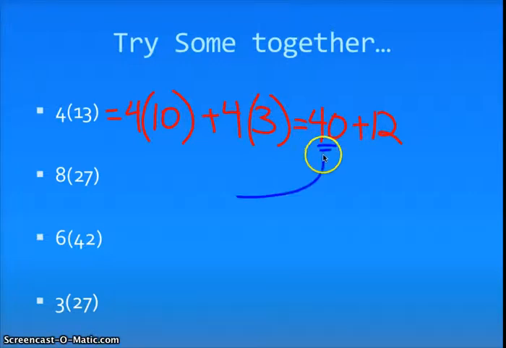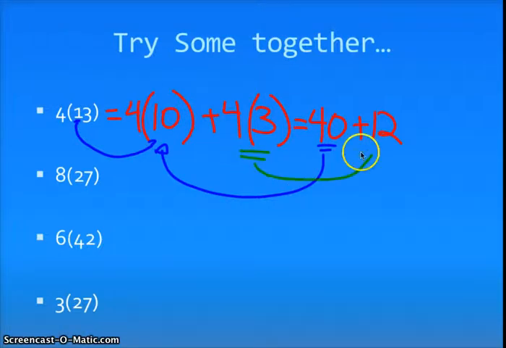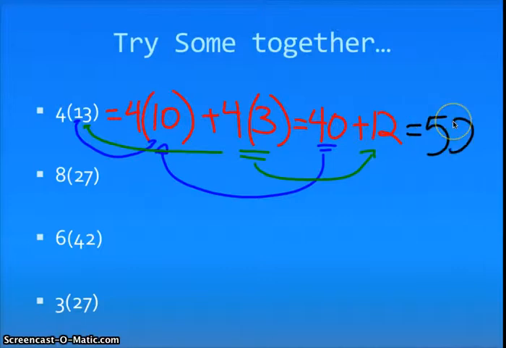The 40 comes from here, which comes from the 10 spot. And the 12 comes from the 4 times the 3, which comes from the 1 spot. After we add these together, that equals 52.